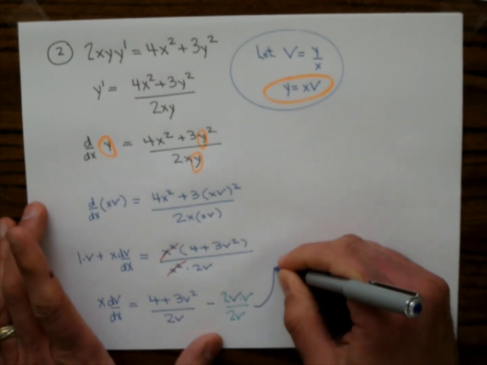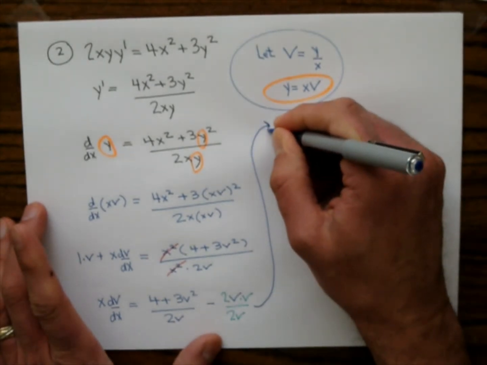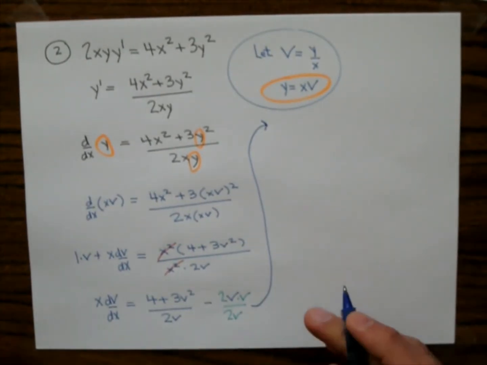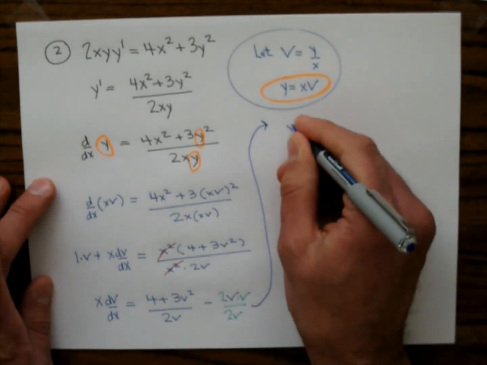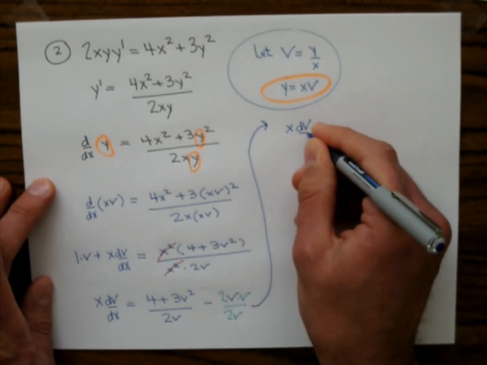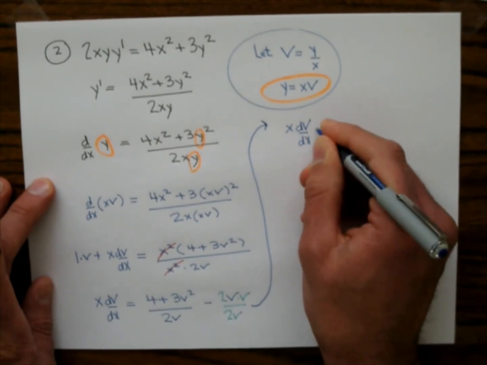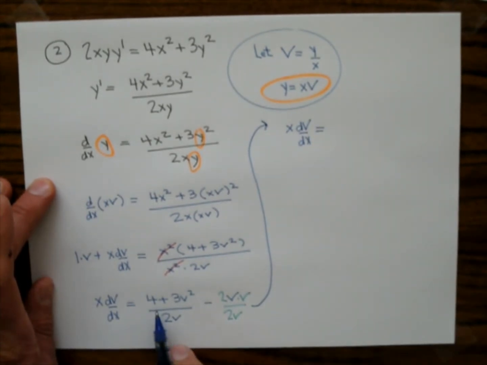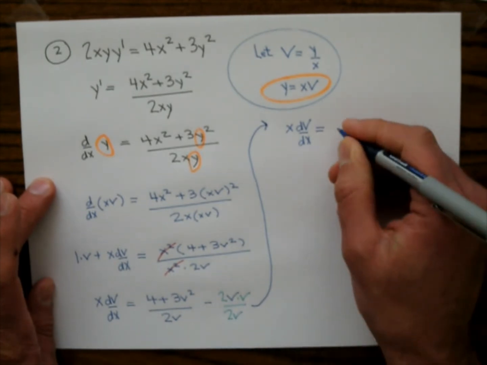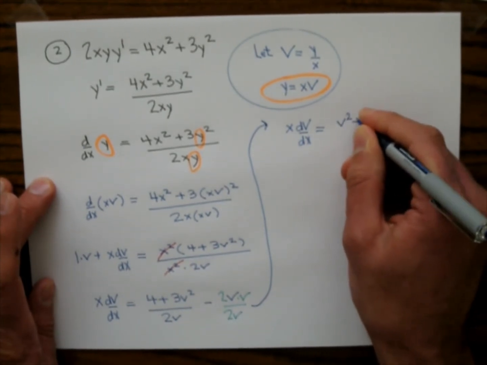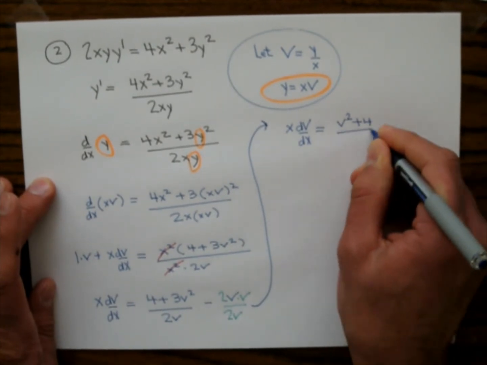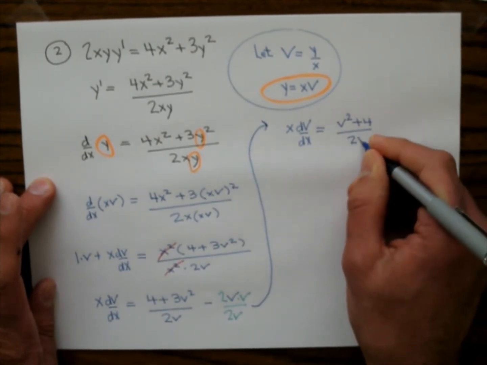Maybe we could actually finish this problem on one piece of paper, but who knows what will happen. We have x dv/dx equals, so I have 4 plus 3v squared, and then I have minus 2v squared. So that's just going to give me 1v squared, or just a v squared, plus a 4. This is all over 2v.